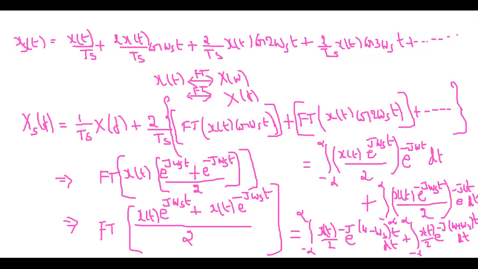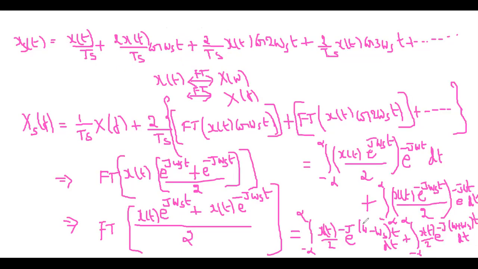Taking the next one, by using the frequency shift property, here instead of omega we have omega minus omega s. 1 by 2 is a constant, times the signal x of t.